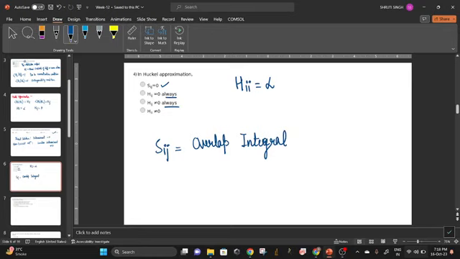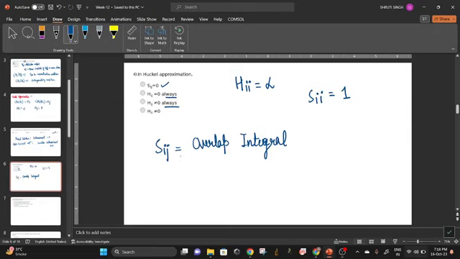So Sij is equal to the overlap integral. Sii is equal to 1, the overlap between the atomic orbitals of the same atom, and Sij is the overlap integral.